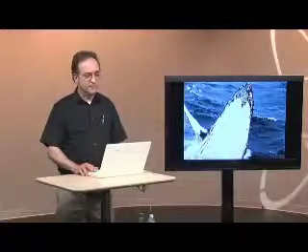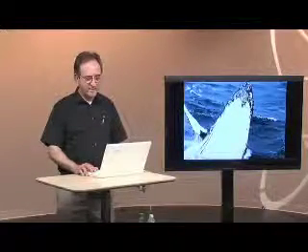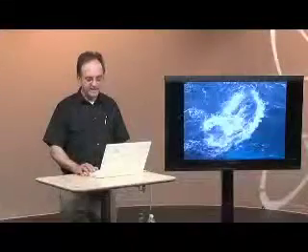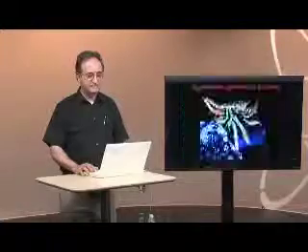Here we have a humpback whale, and this was taken on a trip when I was fishing with the Antarctic Marine Living Resources group of the Antarctic. And we had a friendly humpback come by and spy hop and breach and so on.